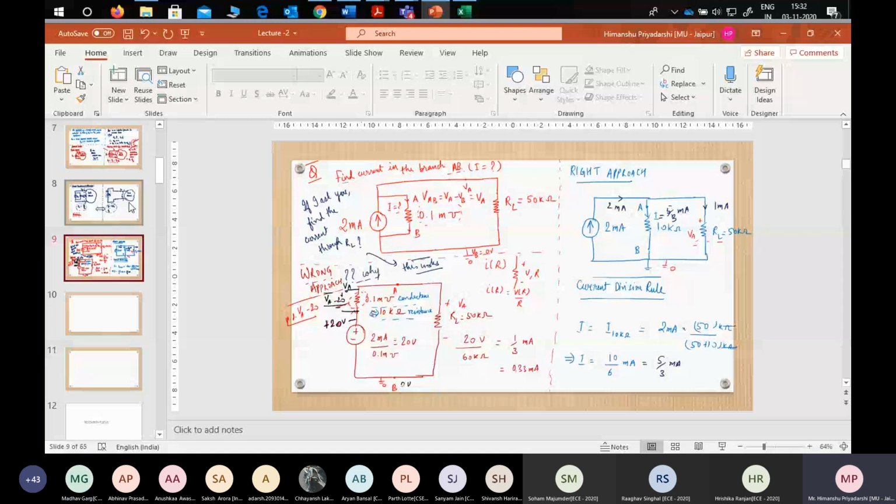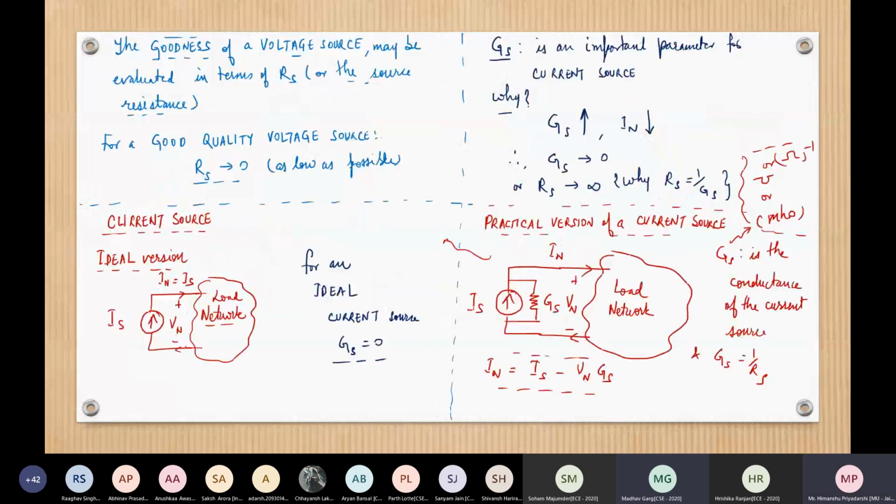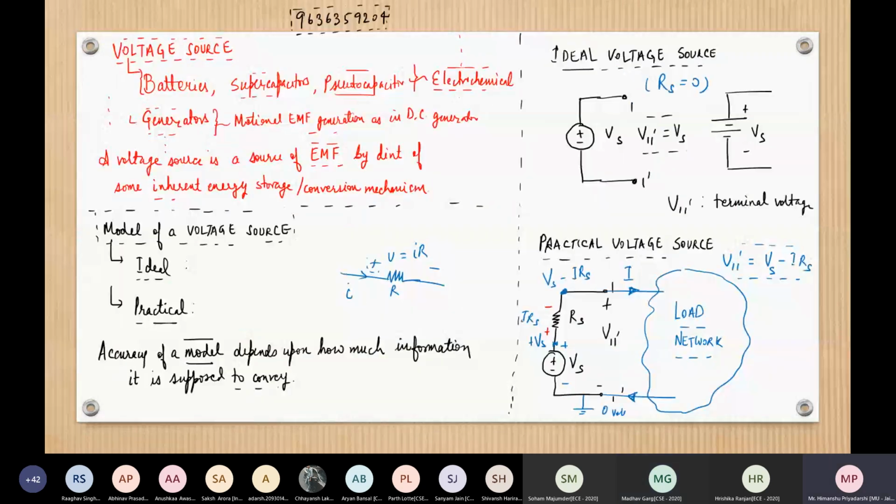Sir, please explain the passive convention again. Very good. Passive sign convention. I will explain it again. What is passive sign convention?